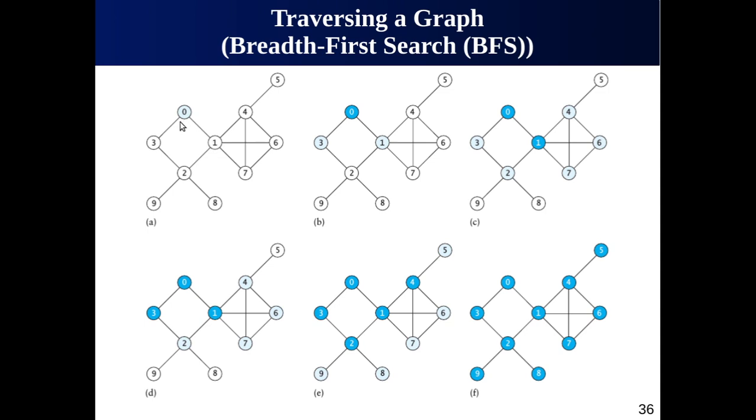The light color represents identified nodes, and the dark blue color represents visited nodes. Our purpose is to visit all the nodes. We will start with an empty white colored graph, and then move gradually to visit all the nodes one by one.